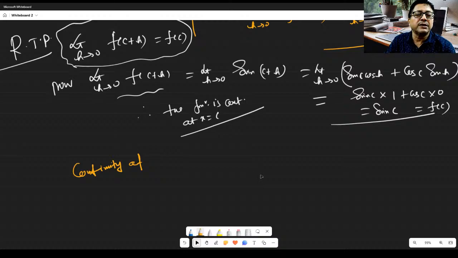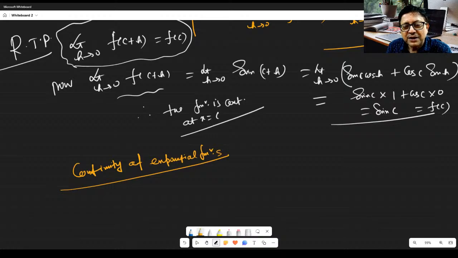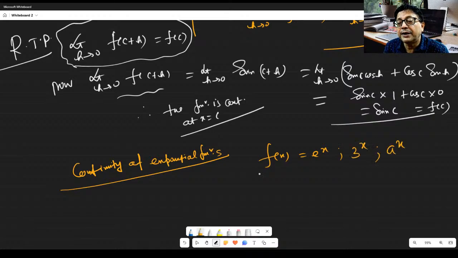But first you understand continuity of elementary functions. Okay, continuity of exponential functions. What are those exponential functions? f(x) equal to e to the power x is the best example. But it may be 3 to the power x. It may be a to the power x in general.